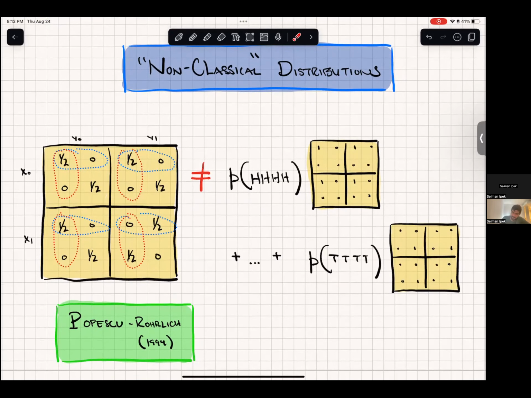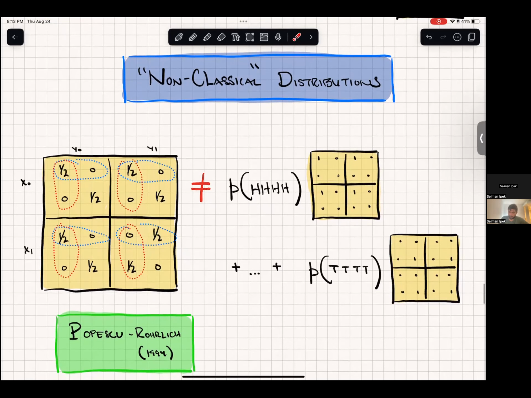What does that mean? It means that you can't possibly write it as a probabilistic mixture of those 16 states that I wrote before. It's something else. It's something outside of that set. Not only is it outside of that set, it's also outside of probabilistic mixtures of those vertices.